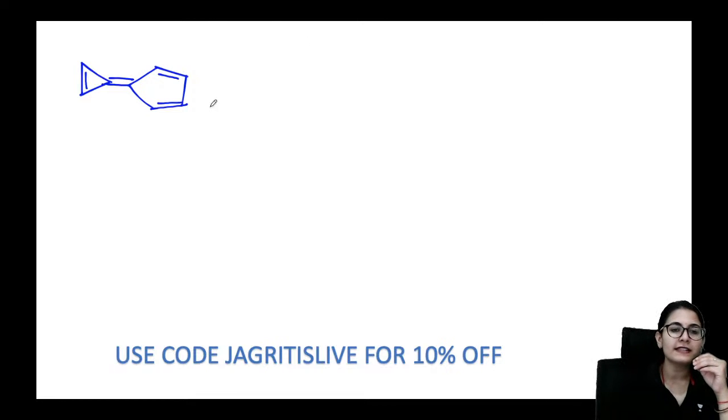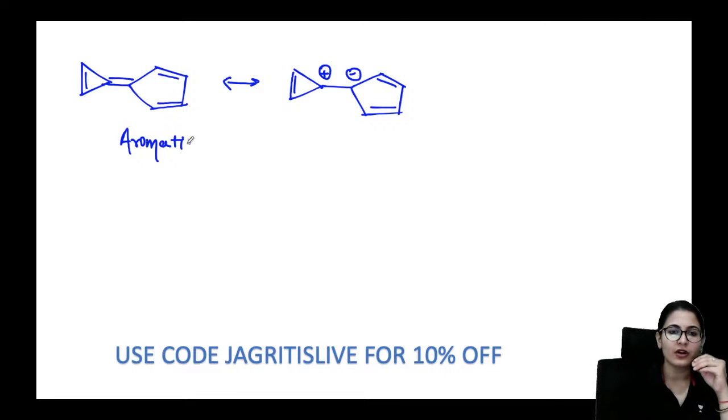Okay, so let's see. Now in this molecule, guys, we are trying to draw the resonating structure. Alright, so here we know that we have a cyclopentadienyl anion and a cyclopropyl cation that can form. So this system is going to be aromatic in nature. Why?